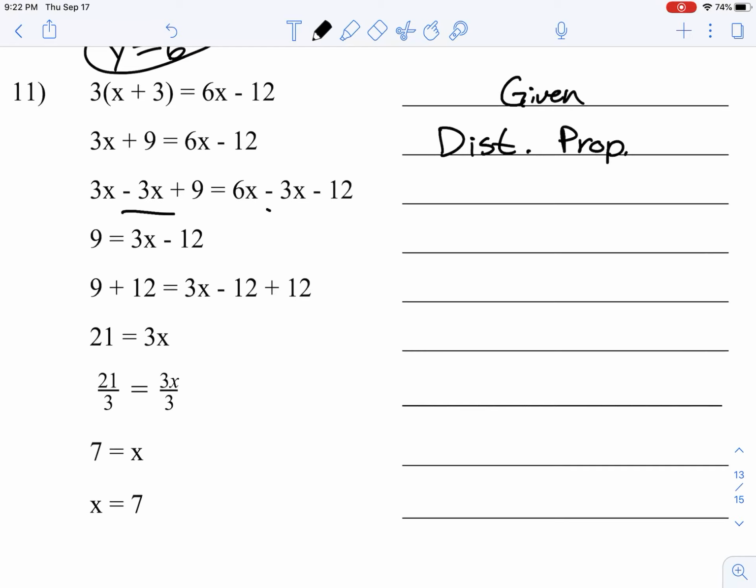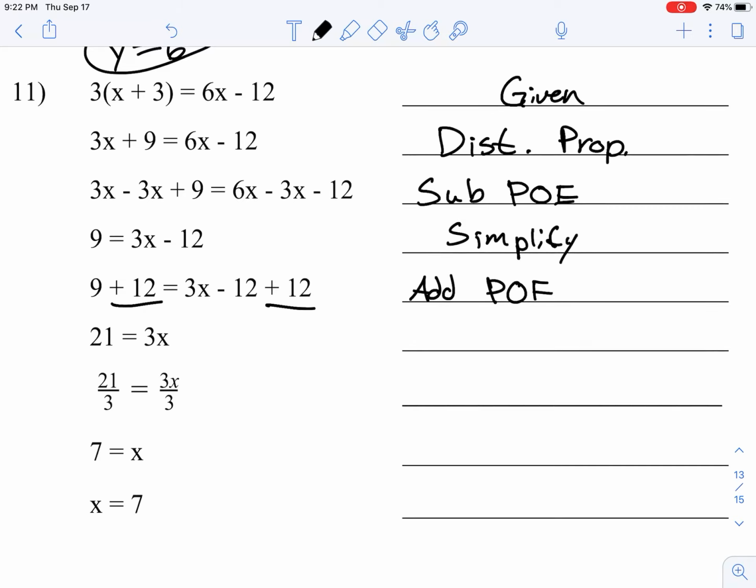Next one. We are subtracting 3x on both sides, so it looks like it's subtraction property of equality. After every property of equality, it's simplify. Next, I am going to add 12 to both sides, so that's addition property of equality, which means we have to simplify.